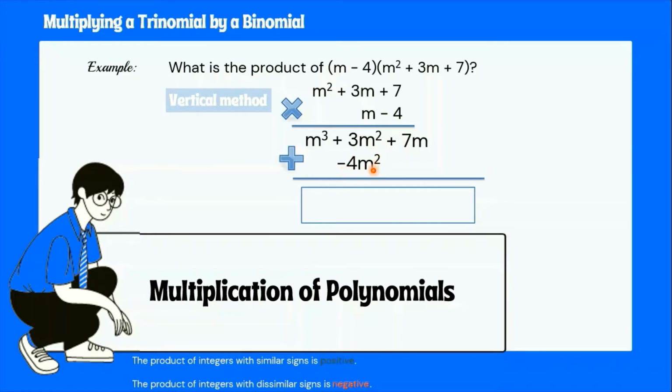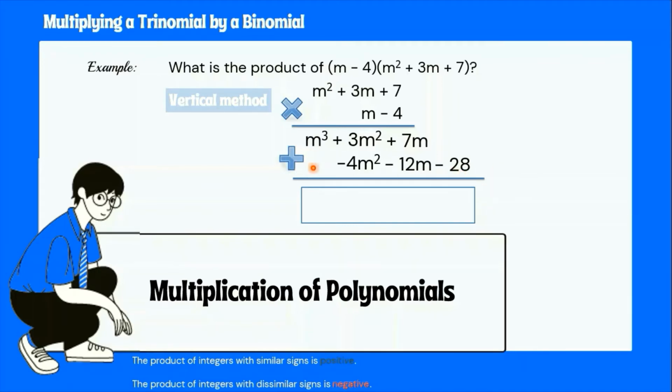And then, just copy the literal coefficient m squared. Next, negative 4 times 3m, sagot natin ay magiging negative 12m. Itapat ulit natin siya sa pareho ng literal coefficient. Negative 12 ay galing sa negative 4 multiplied to 3, kaya negative 12, and then copy the literal coefficient. Last terms tayo, negative 4 multiplied to positive 7, different signs, kaya ang sagot ay magiging negative 28.